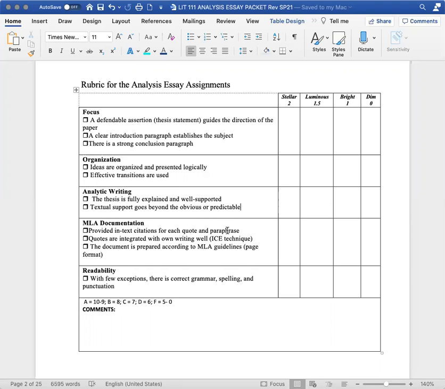Every quote and paraphrase, anytime you're referencing the text at all, you need to have an in-text citation. And so there's a whole page dedicated to explaining that, so that you know what goes in those parentheses. I'm also giving you the technique, oops, this should say iced, the iced tea technique.